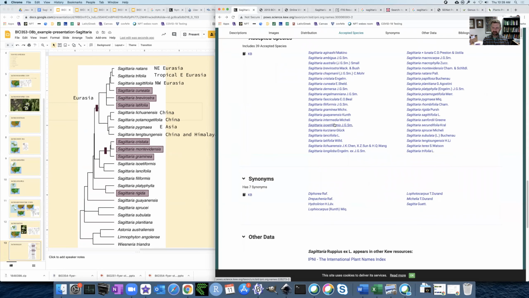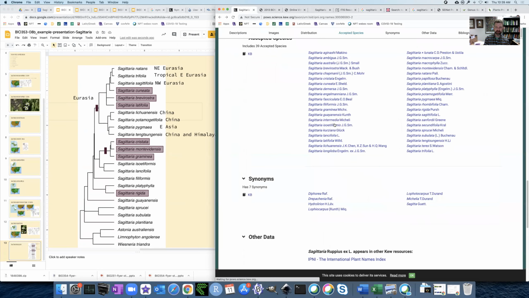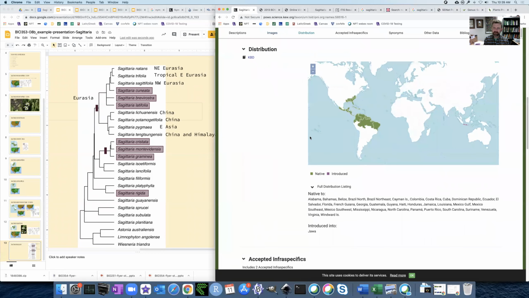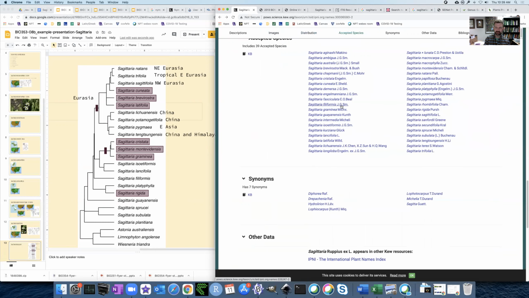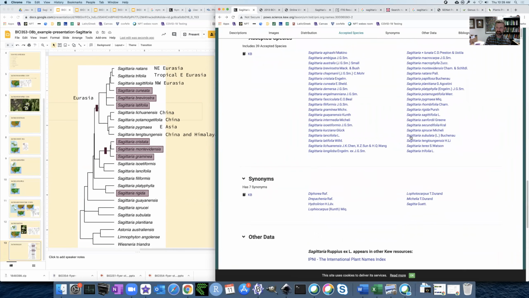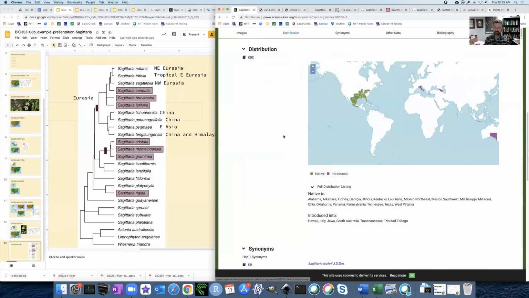Just a little curious, maybe we'll just jump around here and see. All right, so Sagittaria isoetiformis is Southeast USA. Lancifolia, distribution similar. Phylogeny, Eastern USA. Platyphylla, I believe, is a United States plant. Great.